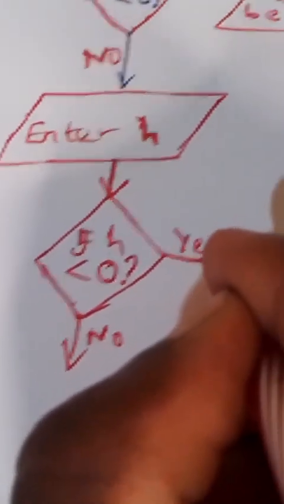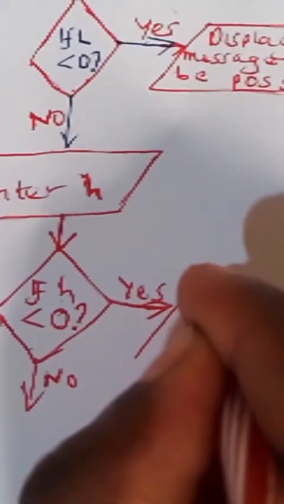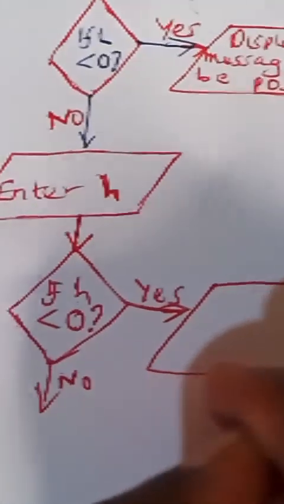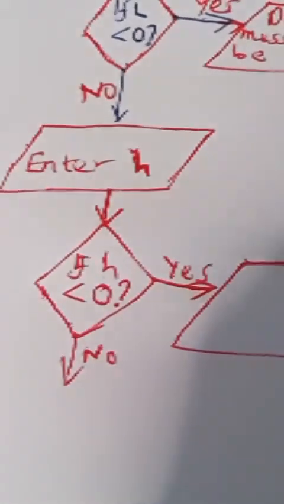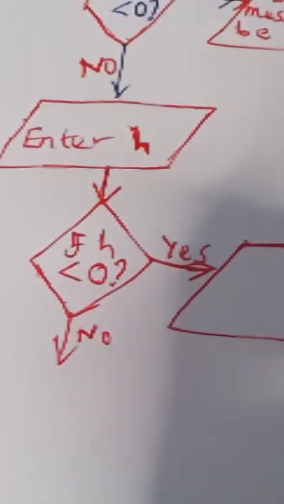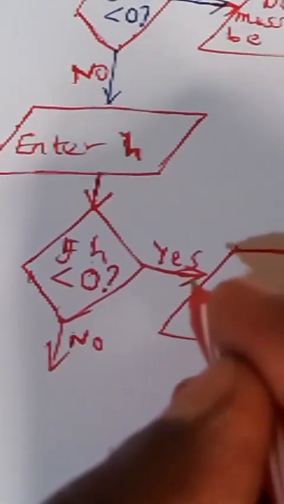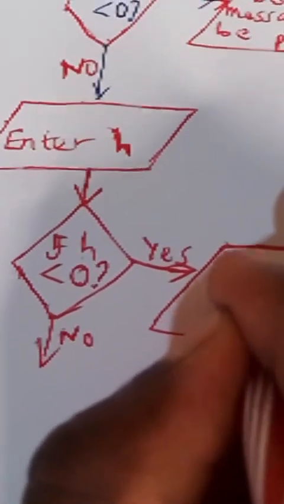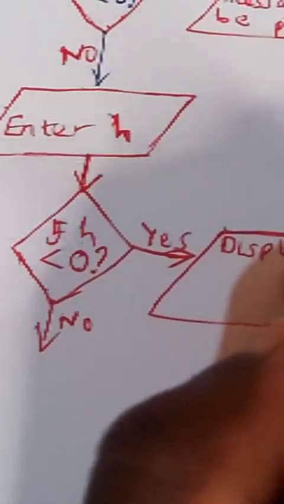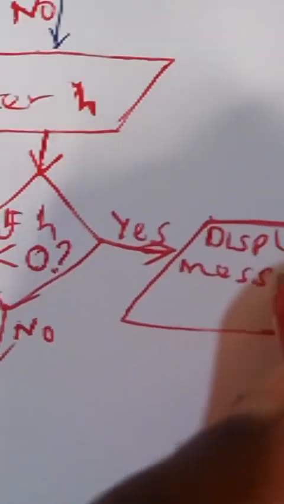If yes, it will display an error message. You write display error message H must be positive.